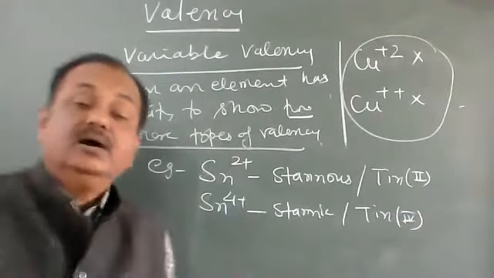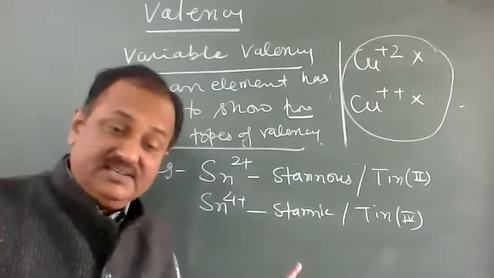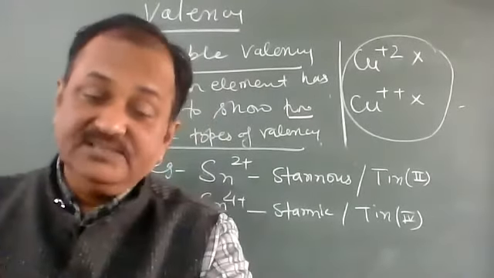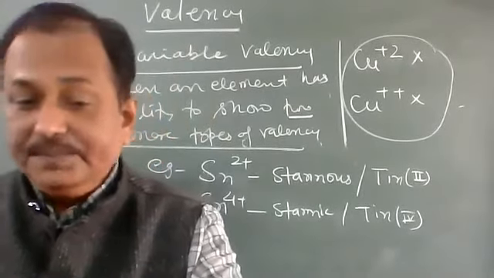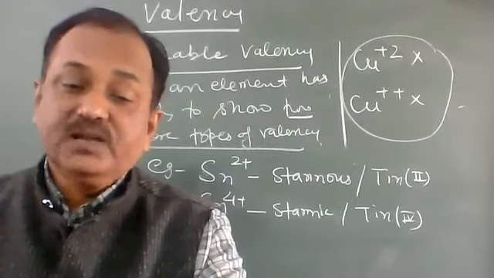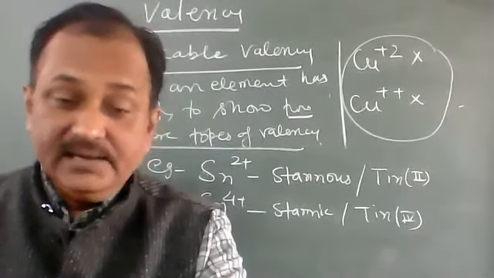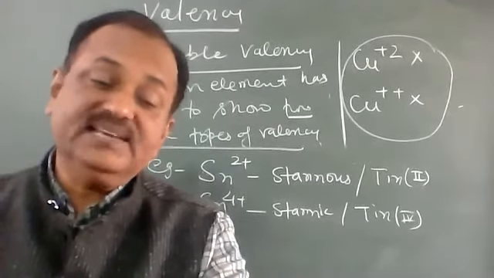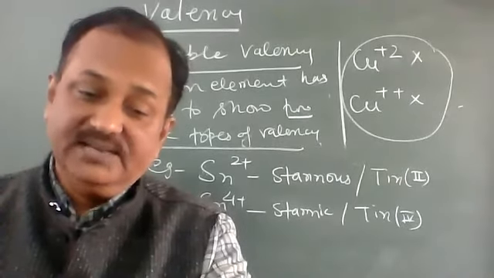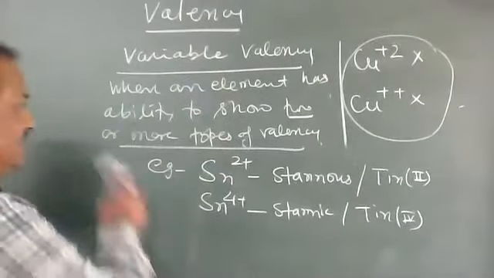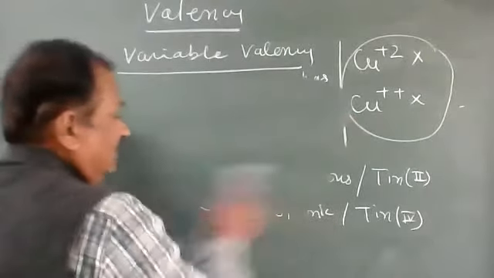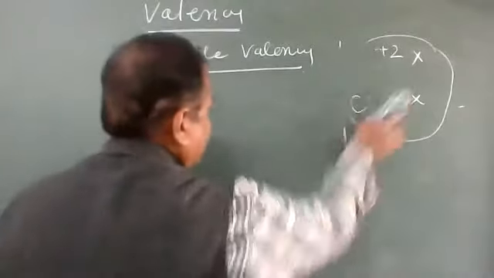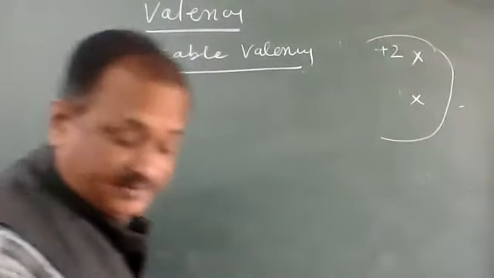So this is all about valency and variable valency, and how to determine valency. Valency can be obtained from the electronic configuration. In writing the electronic configuration, we get the valency, and the combining capacity is called valency. Valency means the reactivity, the ability to understand the reactivity of an element.